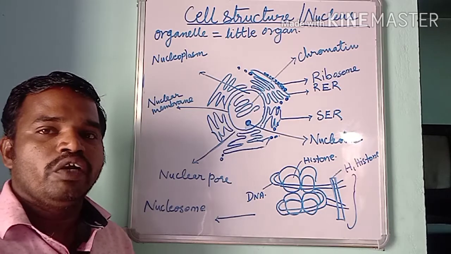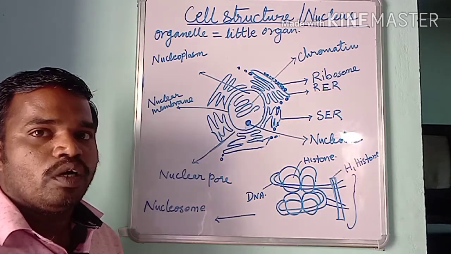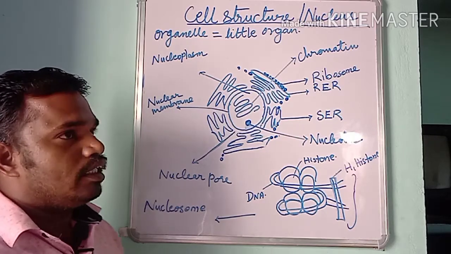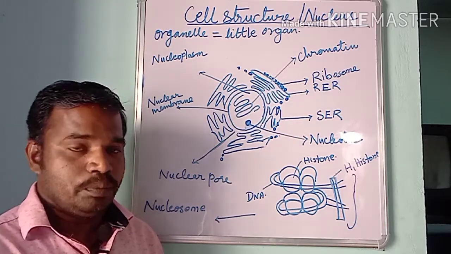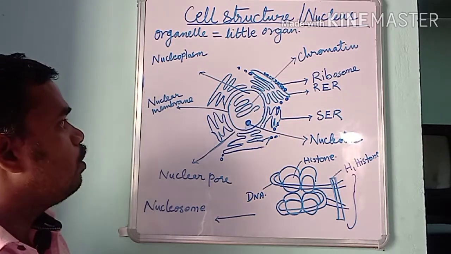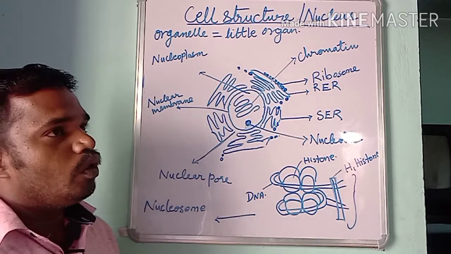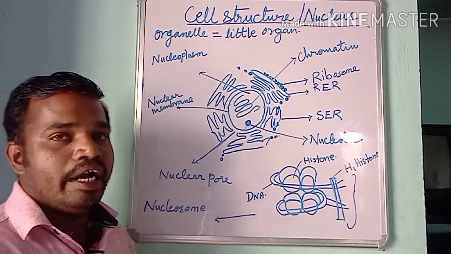The space between the two membranes is known as the perinuclear space. So this nucleus is surrounded by a double membrane called the nuclear membrane, and the space between the two membranes is known as the perinuclear space.